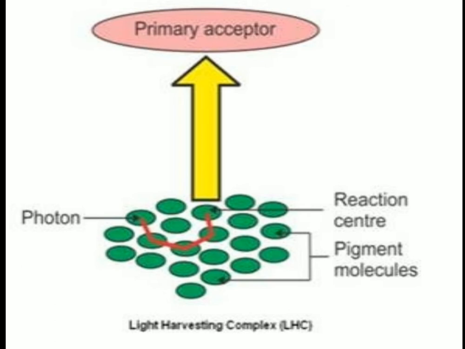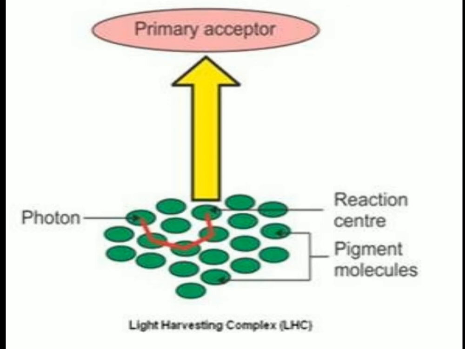Several complexes are involved in this process. The pigments are organized into discrete photochemical light harvesting complexes, LHC, within photosystem 1 and photosystem 2.